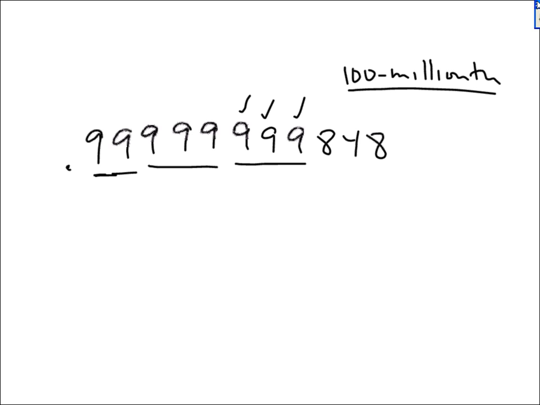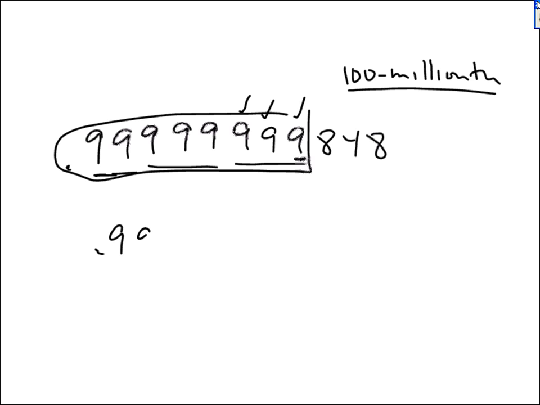And we're rounding off to the 100 millionths. So, there it is, 0.9999999. The question is, is that the answer, or do I add the 1? Go to the next position, which happens to be the 1 billionth. And if this digit is 5 or more, and of course it is, I add my 1.